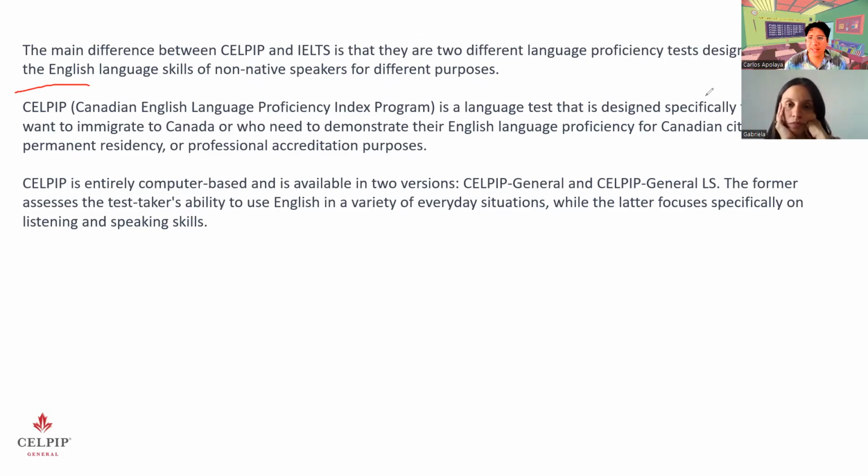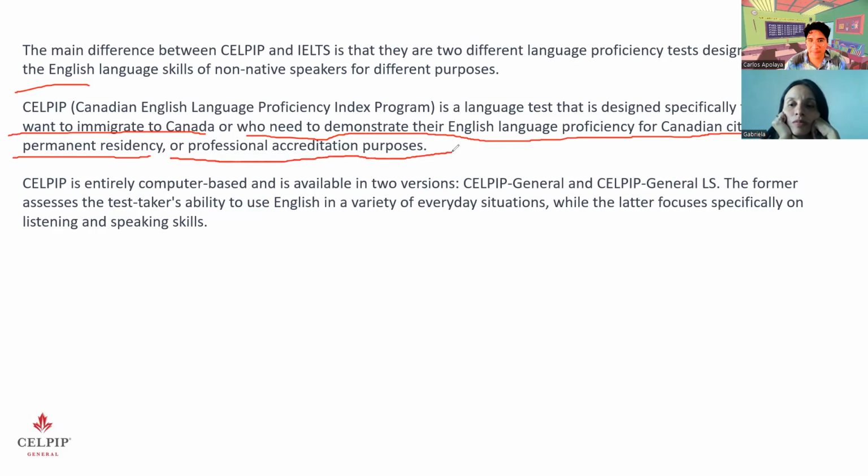It's a language test that is designed specifically for people who want to immigrate to Canada or who need to demonstrate their English language proficiency for Canadian citizenship, permanent residency, or professional accreditation purposes.